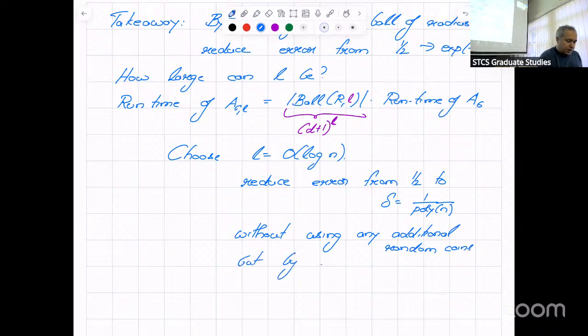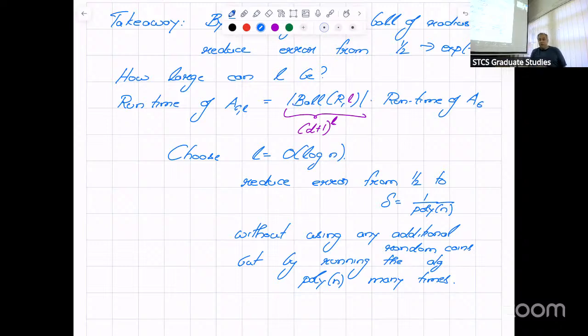But by running the algorithm poly n many times. And this construction exists only because there are explicit constructions of expanders.